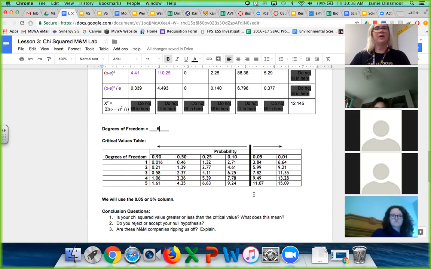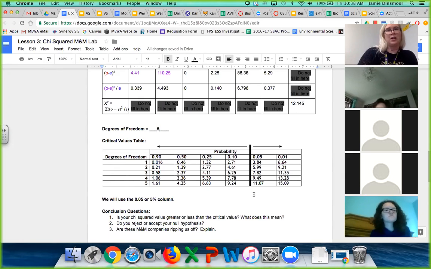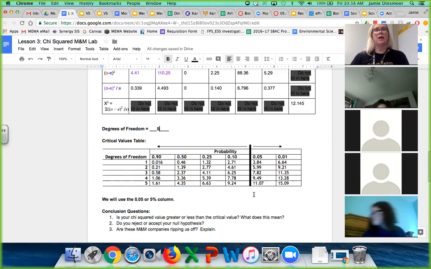That means that it's not statistically significant and that any differences you're seeing are due to chance. So Alexandria's M&Ms, maybe if your chi-squared value is like 9.5 or something like that, that would mean that your M&Ms pretty much meet the standard. They're slightly different due to chance, but otherwise, whatever.